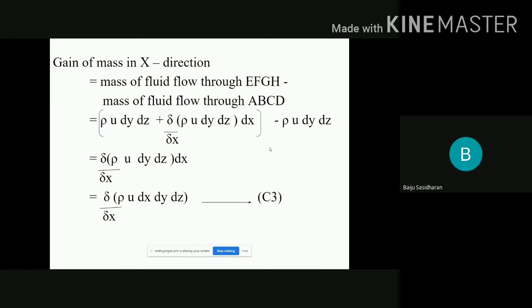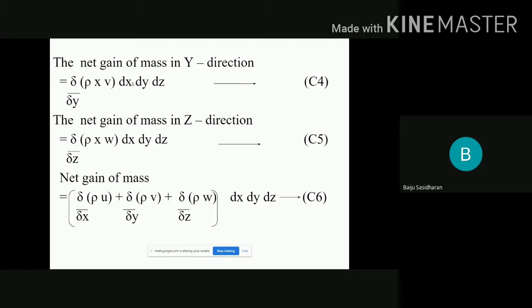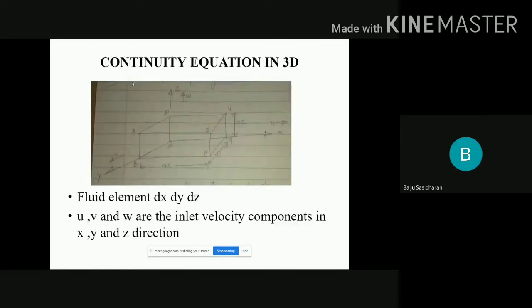And similarly, we have to consider the y direction and the z direction. What about the y direction? The entry is at DCGH. That is the entry. What is there?